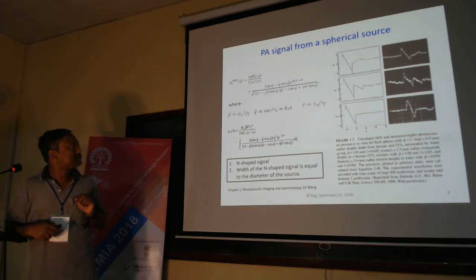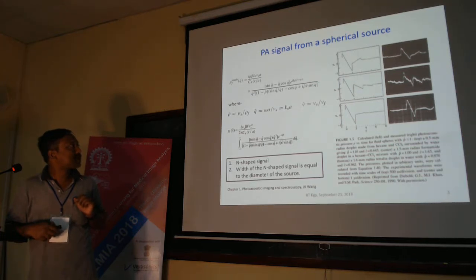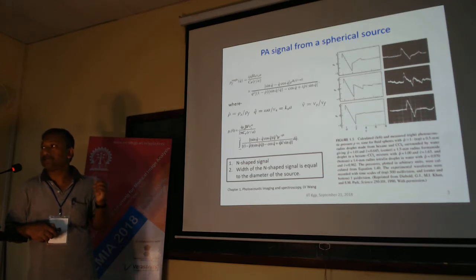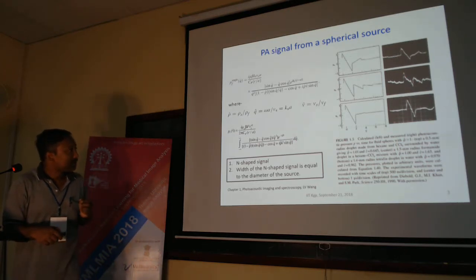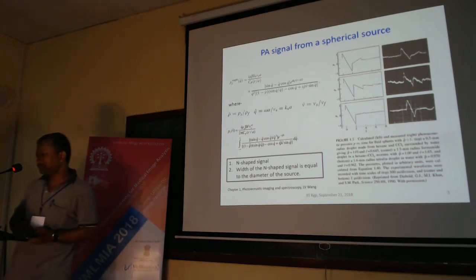And you see that this is a very sharp pulse because it has edges. These are the theoretical signals calculated using this equation, and these are the experimental signals that he measured in 1991 from a single fluid sphere containing CCl4 and other organic solution.